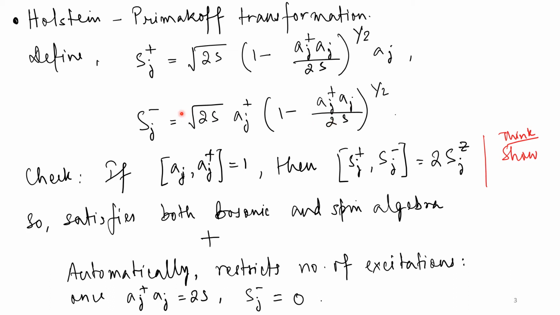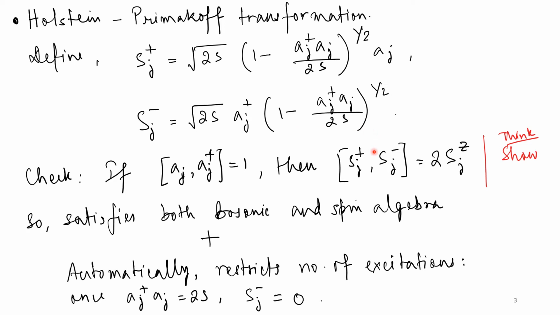So by the time you go to the lowest one possible, the 2s plus 1th orientation, which is the lowest orientation of spin, completely opposite, this A_J dagger A_J will give you 2s because you have already created 2s times disturbance. Now the moment you put 2s here, you see 2s over 2s gives you 1, and 1 minus 1 is 0, so it automatically stops this ladder process. Okay, so that's the essential trick.